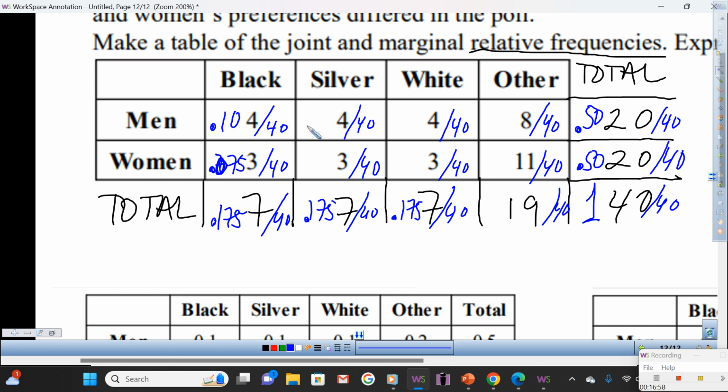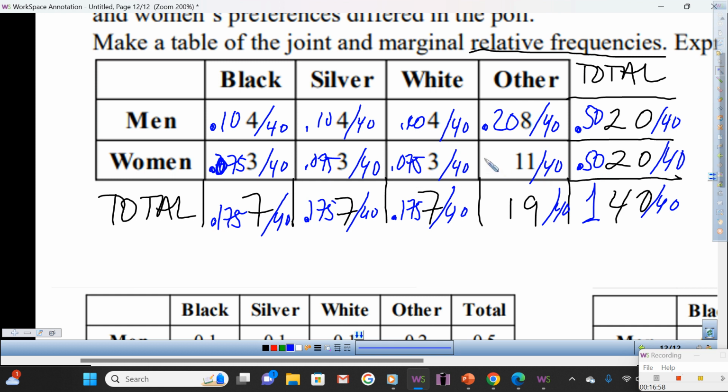And this one is 0.10, 0.10, 0.075, 0.075. So 10, 10, and 10, that's 30, minus 50, so this is 0.20. Yes? And then we got 0.075, 0.075, 0.075, that's 225.